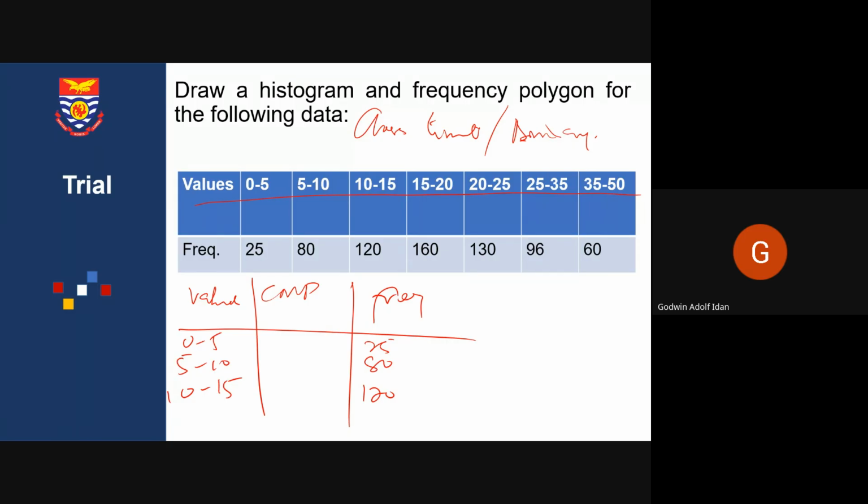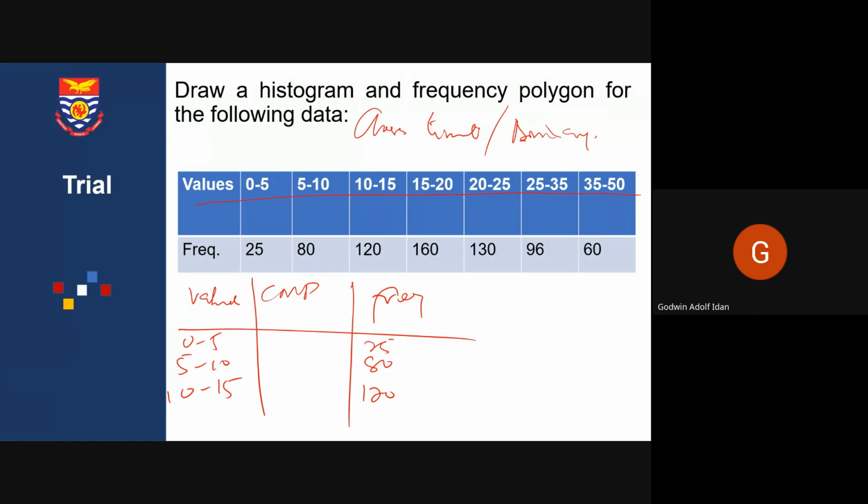Okay, so once you have the class boundary, I told you that for you to get a class midpoint, you only have to add either the limits or the boundary. So you add the lower class limit to the upper class limit, or you add the lower class boundary to the upper class boundary, and then you divide the answer by 2, and that becomes your midpoint.